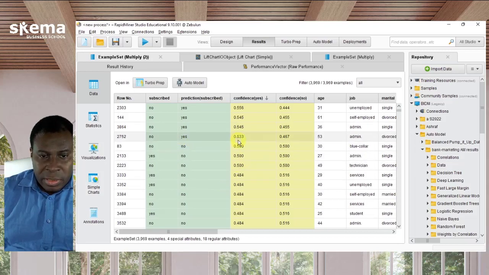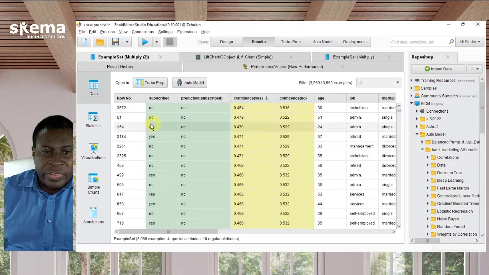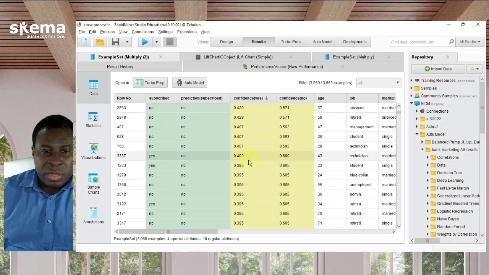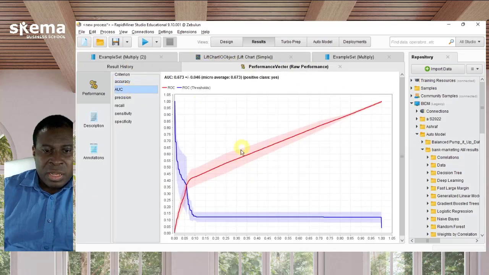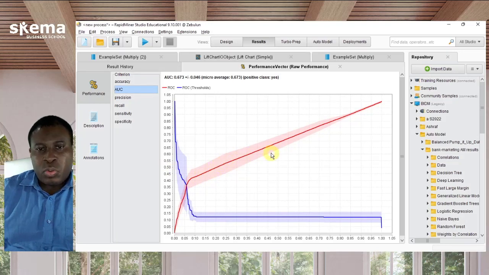Right here, the cutoff is at 50 for yes or no. But if the cutoff were set at 40, then all of these would be yeses. If we set it at a smaller number, 0.4, then all of these would be yeses, and so on. The AUC is basically trying to figure out at what point, whatever cutoff you are at, indicates how many positives or negatives you have. And that's the real value of the AUC.